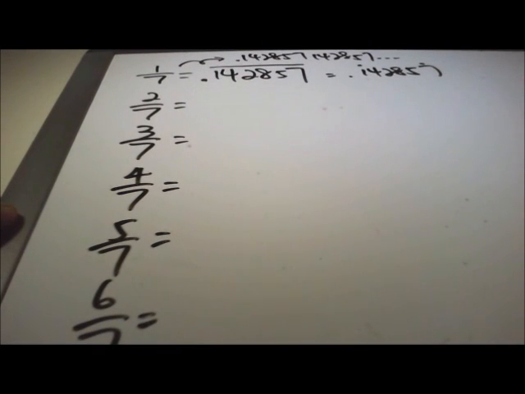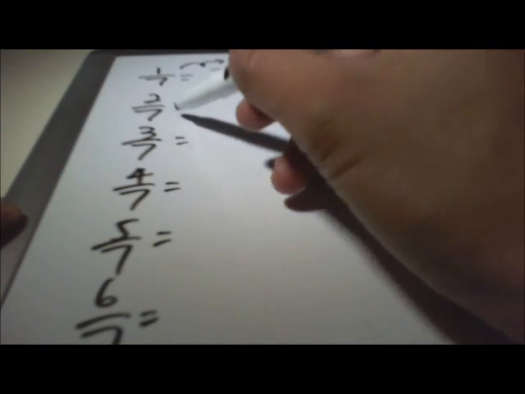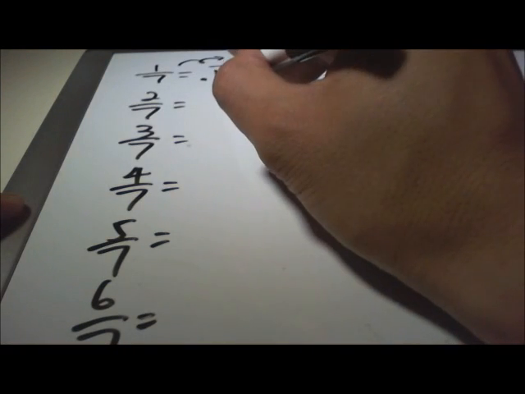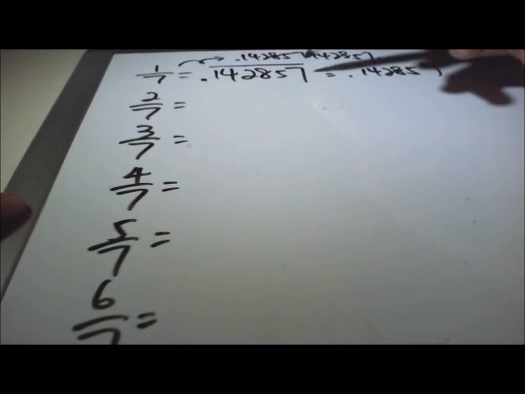But another way to do it is, because all these fractions are using the same 6 digits repeated, we arrange the 6 digits, 142857, from the lowest to highest in order. For 1/7, we start with 1 because 1 is the lowest. The next number is 2.